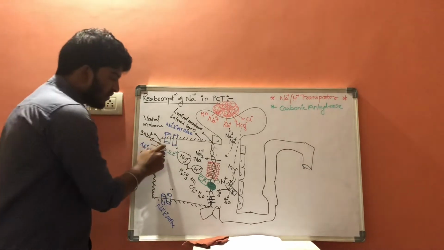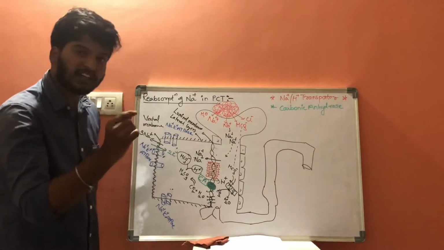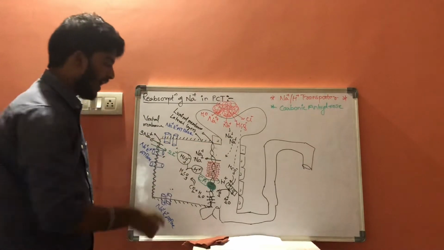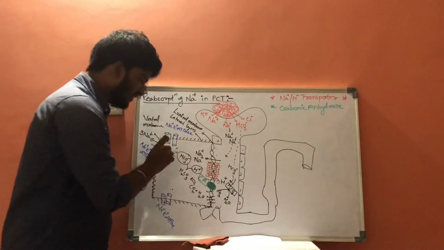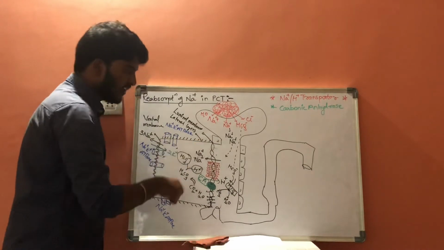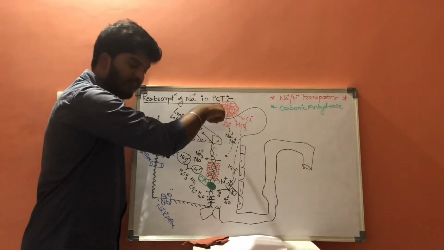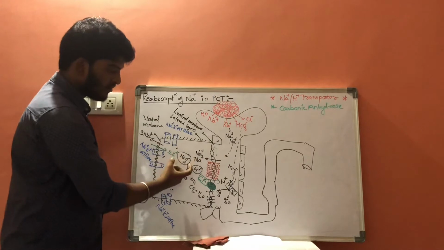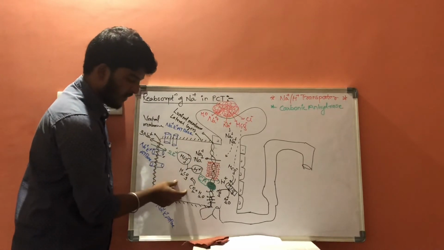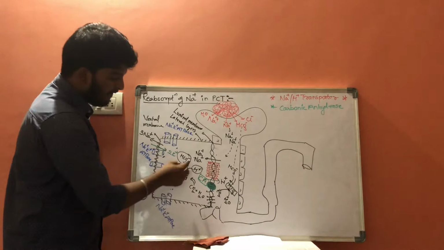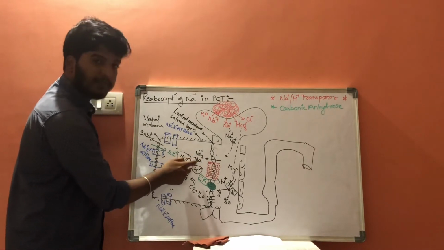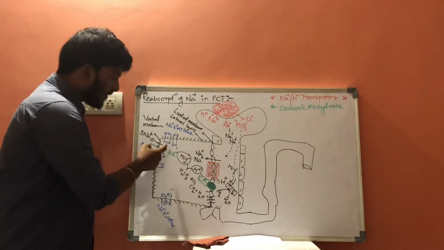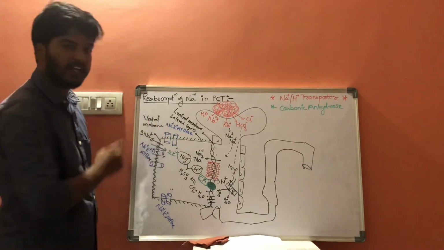Because of these sodium potassium ATPases, the concentration of sodium ions within the cell is lesser than that of the lumen. So sodium gets reabsorbed into the epithelial cells of the PCT, and from there, with the help of sodium potassium ATPases, sodium is moved to the interstitial area.